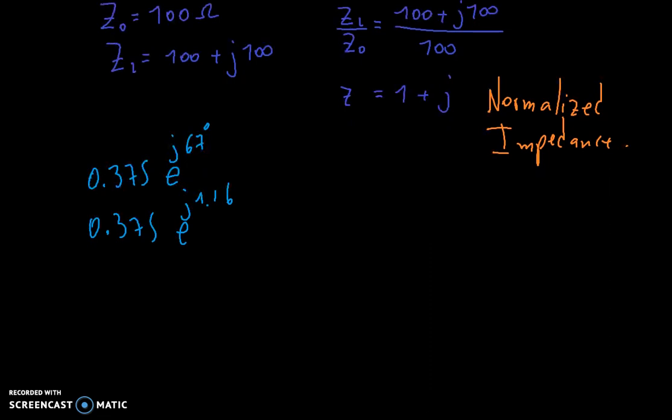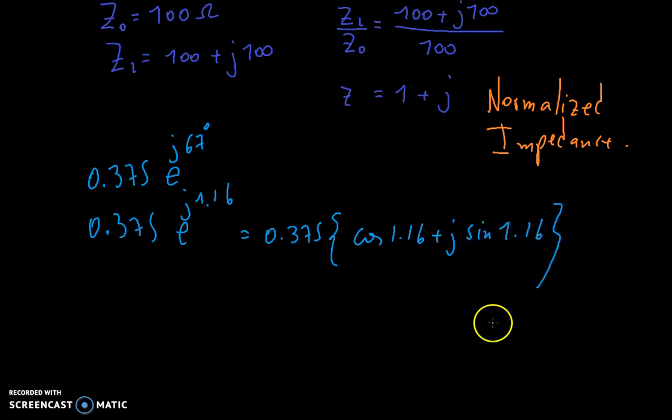Now this is also equal to 0.375 times cosine of 1.16 plus j sine of 1.16, using Euler's formula.